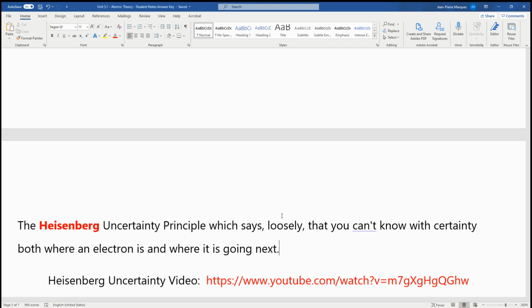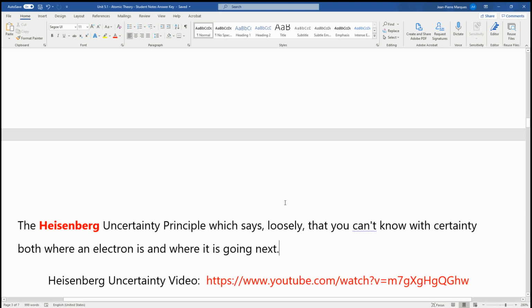They do a very good job explaining it, don't get me wrong, but at the end of the day, I don't expect you to know all this physics stuff. I'm just going to give you the why and the how of this Heisenberg uncertainty principle. But anyway, take a look at the video, do your best when watching it, and then once you're done, come back and I'll try and explain it in my own words in as simple a fashion as possible. Okay, so take a look at this video and come back once you're done.